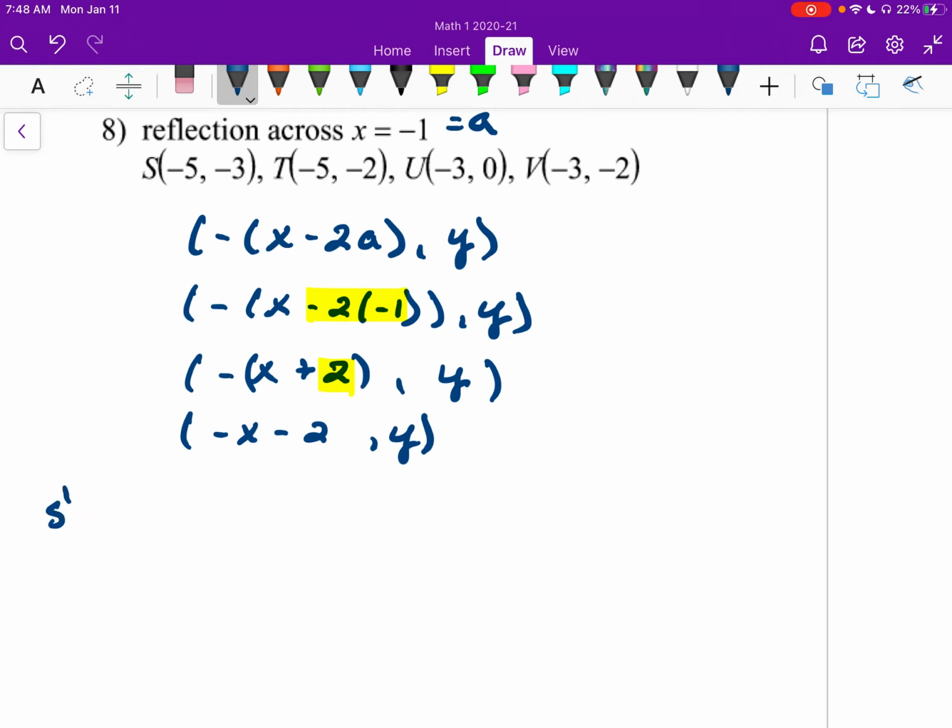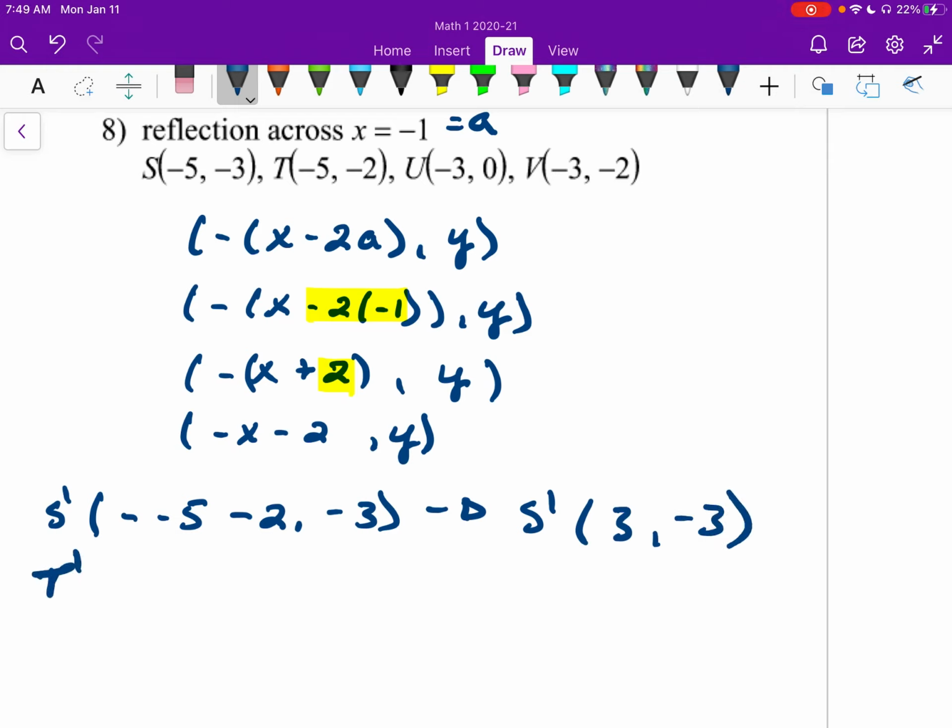So S prime will be (-(-5) + 2, -3), so this will be 5 + 2, which will be (7, -3). T prime is at (-(-5) + 2, -2), so similarly T prime will be at (7, -2).